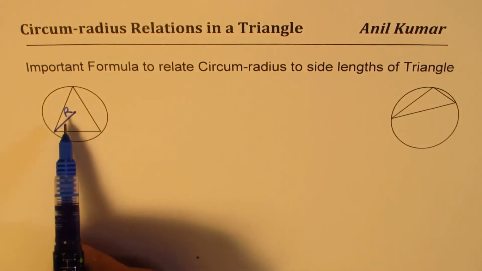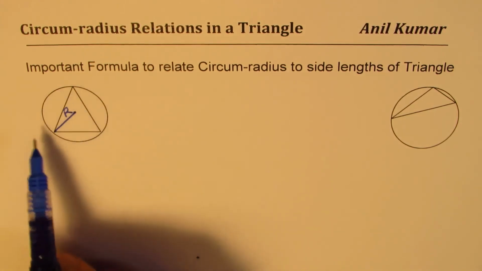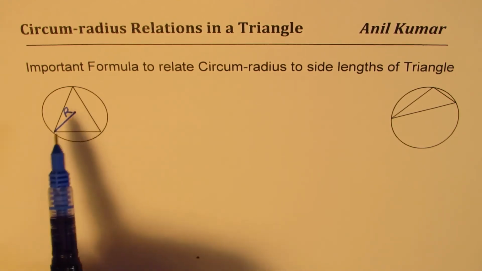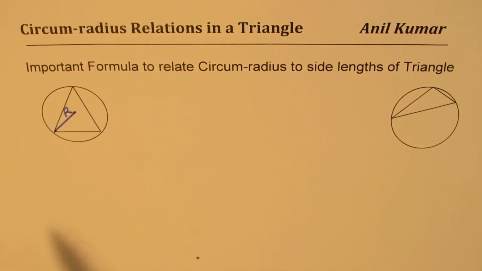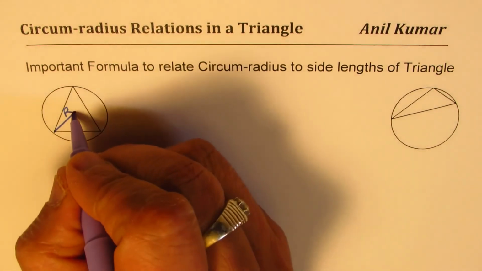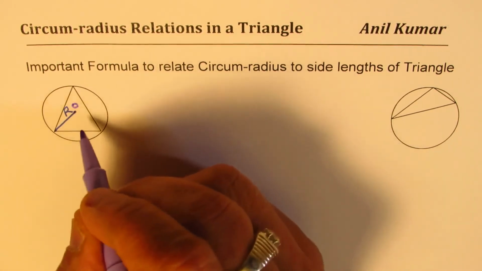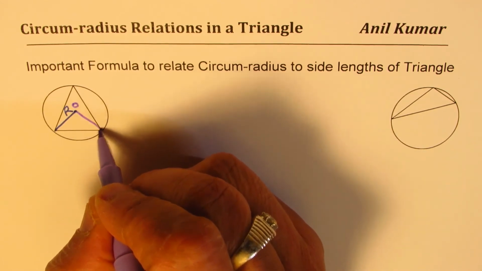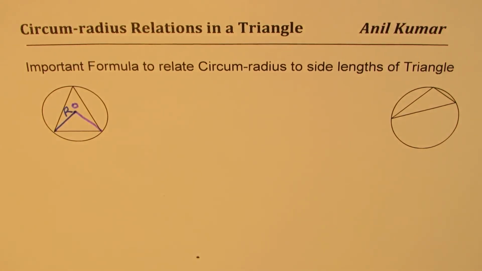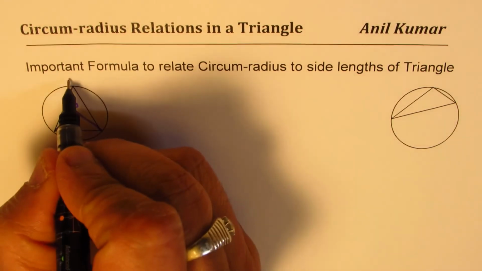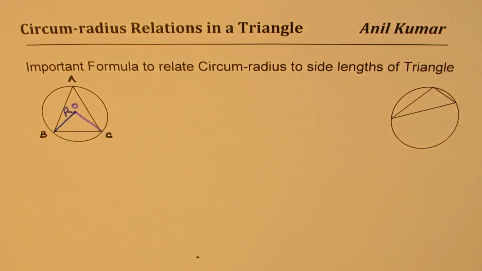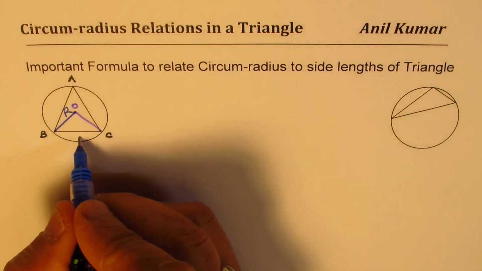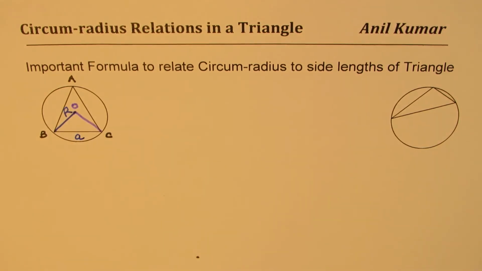We need to find a relation of this radius capital R with the sides of the triangle. Now for that, let's do a bit of construction here. Let us assume that we have center O here. So we'll join center O with the two vertices of the triangle. Let the triangle be ABC. So the side opposite to A we will refer to as lowercase a, right?